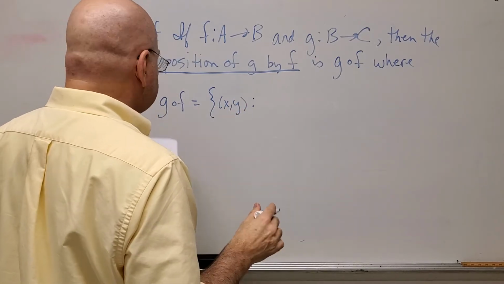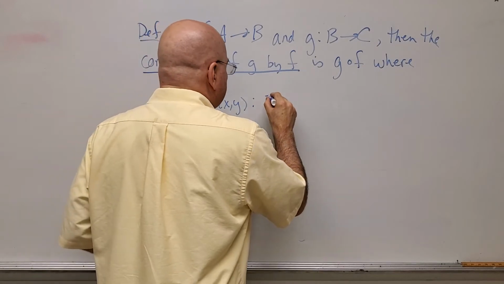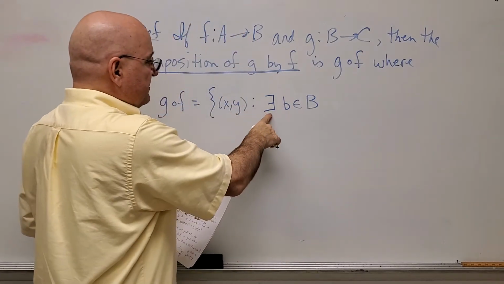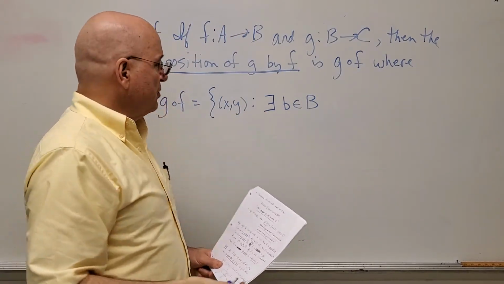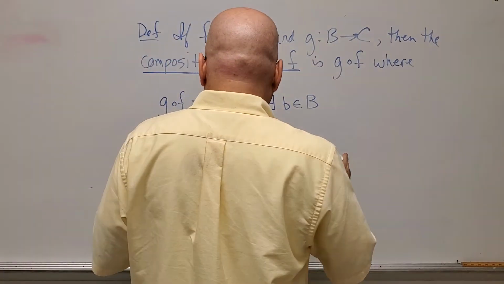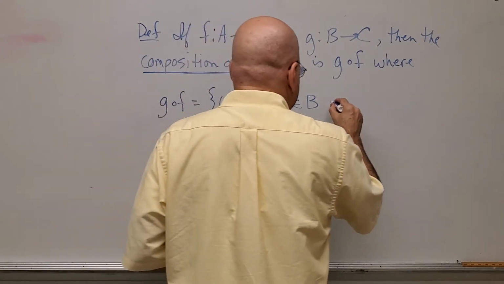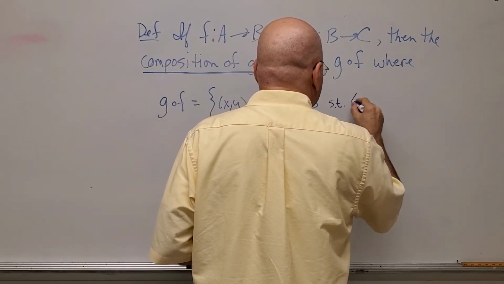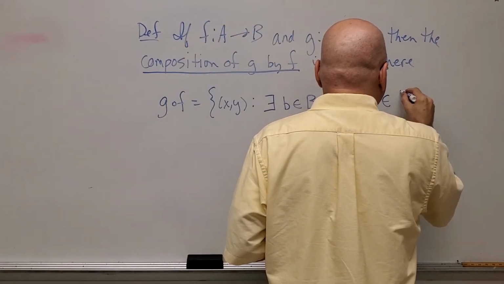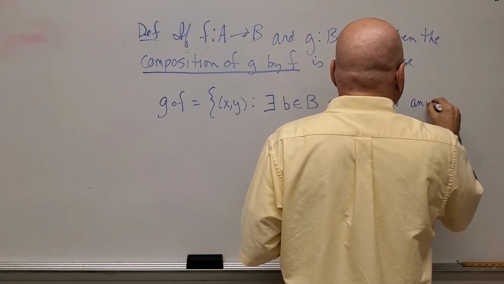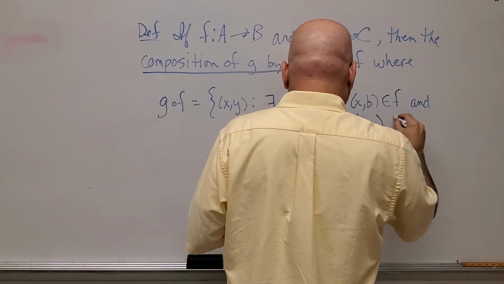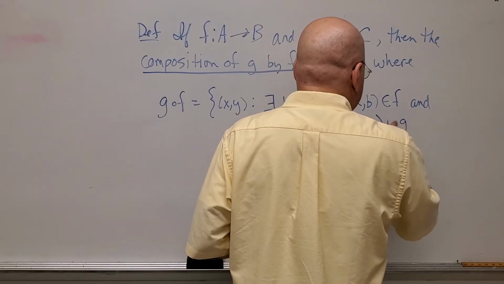Set of all ordered pairs (x, y) such that there exists, and a reminder that this backwards E means there exists, shorthand for the two words there exists, a b in the set B such that the ordered pair (x, b) is in f, and maybe I'll write it down below here, (b, y) is in the function g.